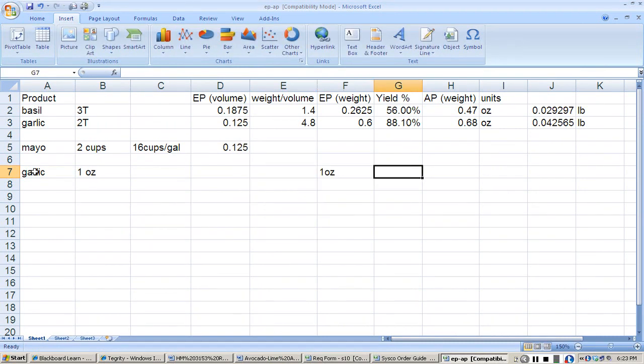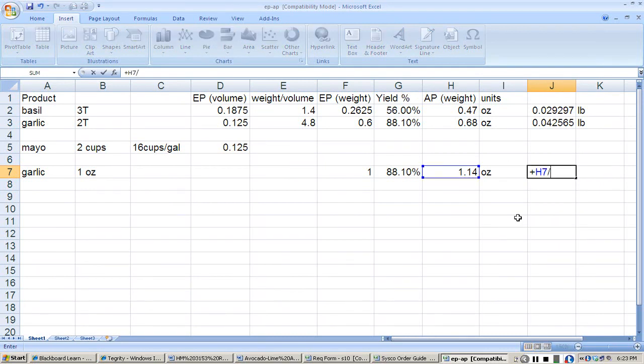Yield percentage is already on here for garlic, it is 88.1. Plus that divided by that, 1.14 ounces. We buy the garlic in pounds.